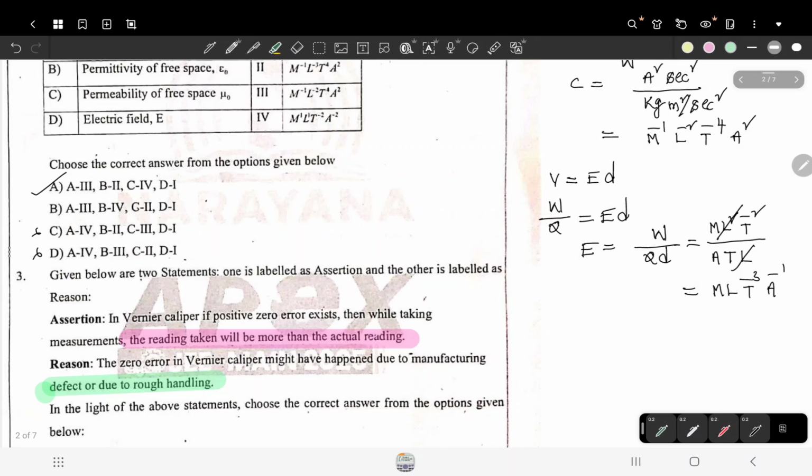So due to rough handling and manufacturing defect there is an error, but the reason should not be the correct explanation for the assertion. If anybody asks why we are adding when there is a positive error, we could not say that we add because of rough handling. So both are right, the assertion is right as well as the reason, but the reason is not a good explanation for the assertion.